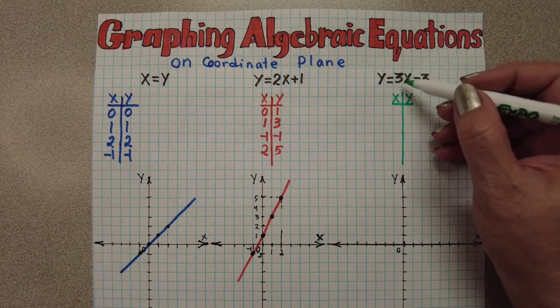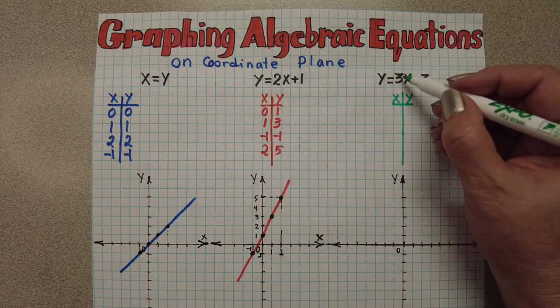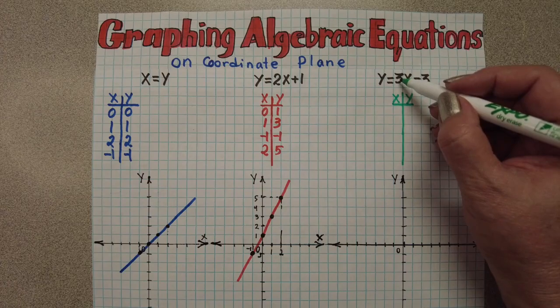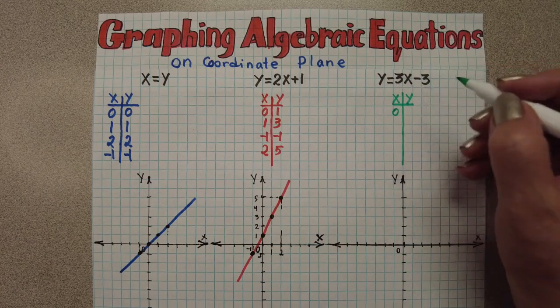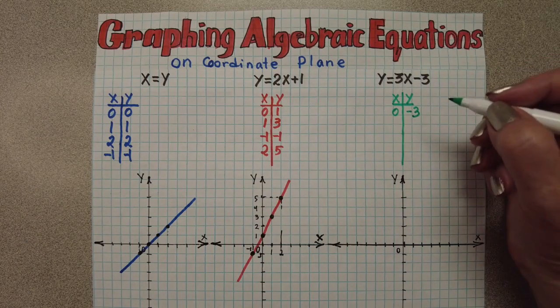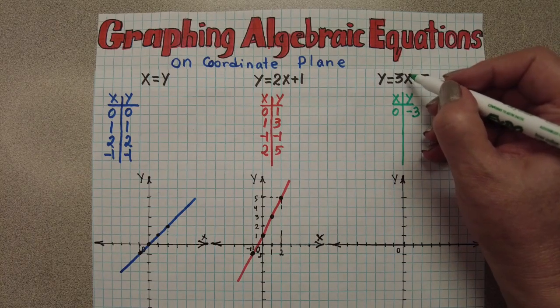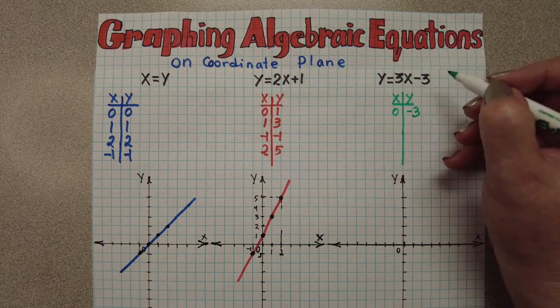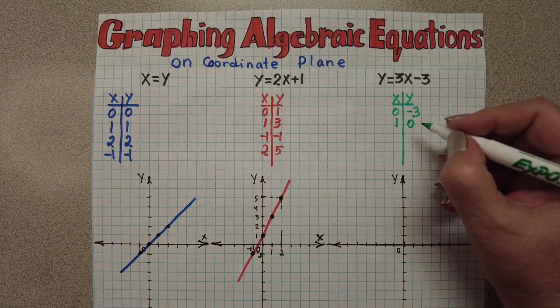Now let's give points. When x is 0, 0 times 3 is 0. Minus 3, y will be minus 3. When x is 1, 1 times 3 is 3, minus 3 will be 0.